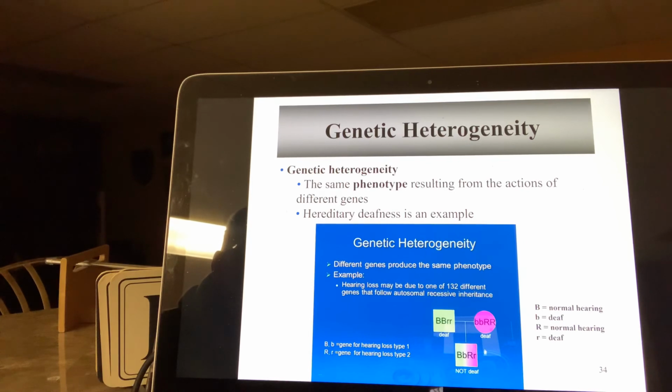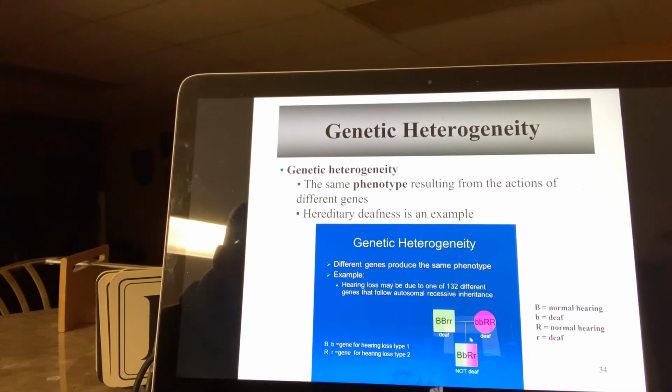So 100% of their children will not be deaf, even though both of the parents are deaf, because they have 2 alleles, and this one is dominant for the normal allele. Now, if this one was heterozygous for this allele, then that would be a different story. But in this specific situation where the father is deaf because he has 2 little r's here, and the mother is deaf because she has 2 little b's here, she's only going to give a big R, and he's only going to give a big B, because that's all he's got to give in that allele.